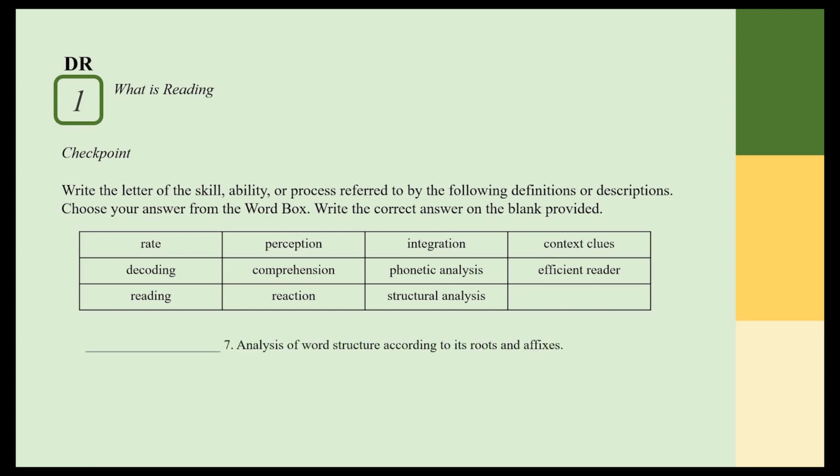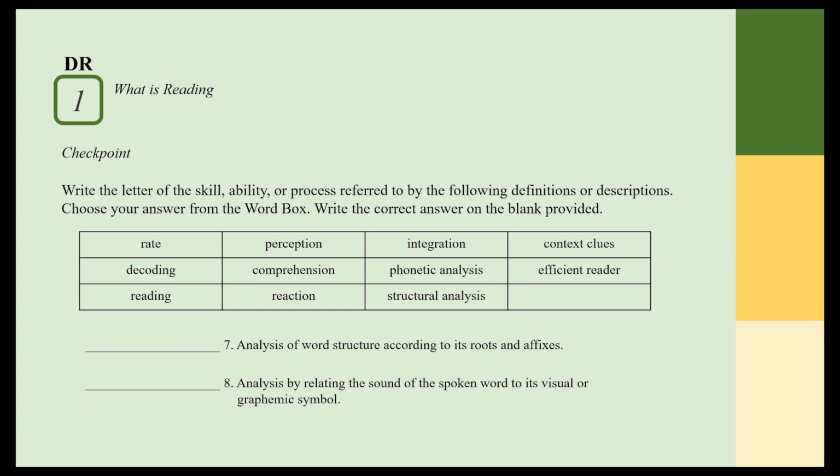Analysis of word structure according to its roots and affixes. Item number 8, analysis by relating the sound of the spoken word to its visual or graphemic symbol. If you need more time, you know what to do. Pause this video.